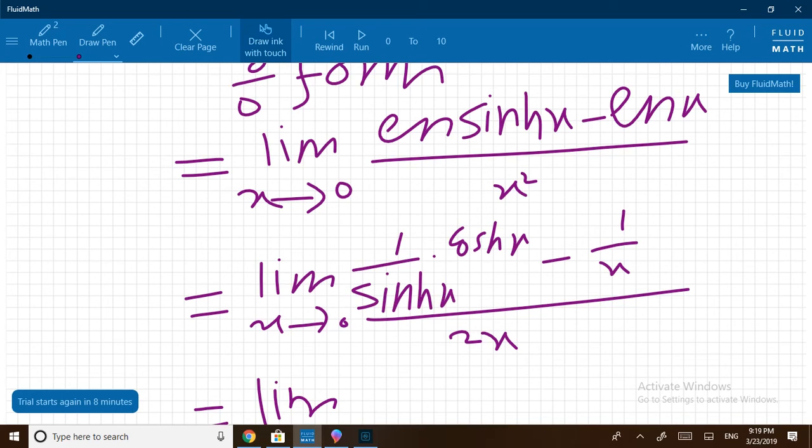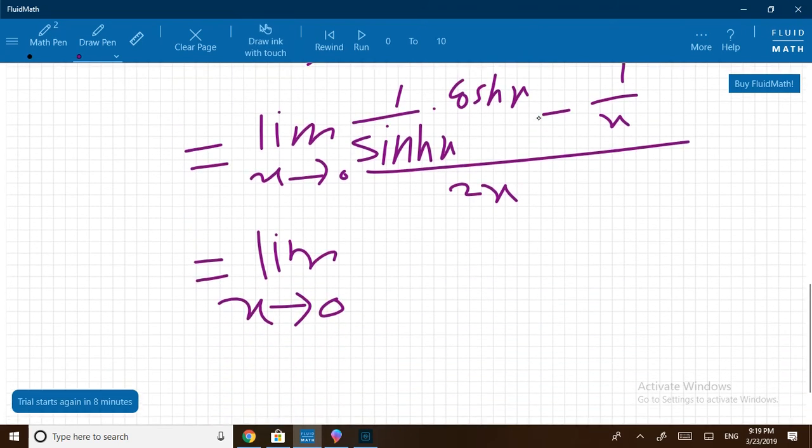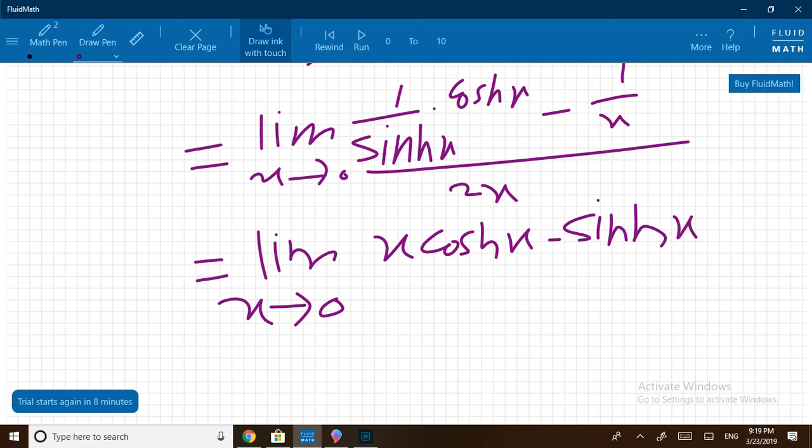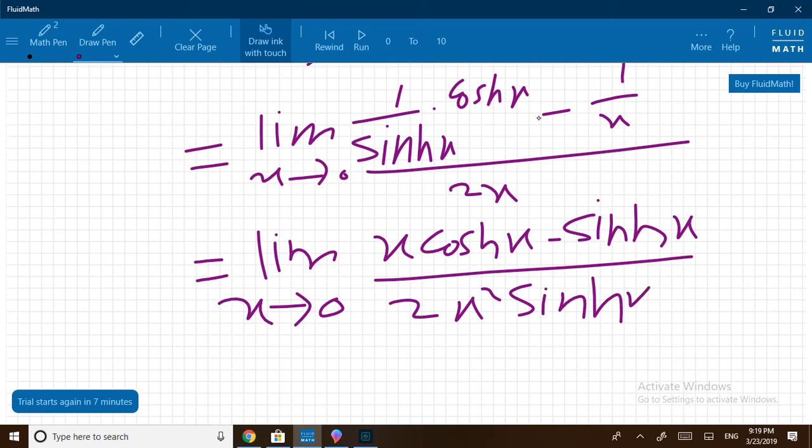Okay, so after taking the LCM, sinh x and this x will shift into the denominator. So we get x cosh x minus sinh x divided by 2x square sinh x.